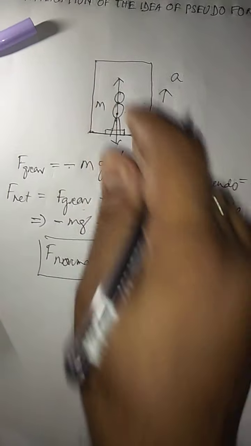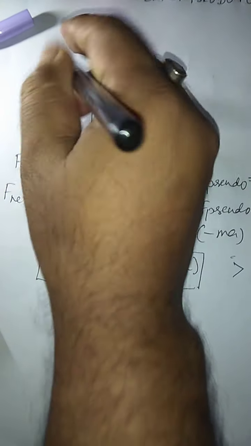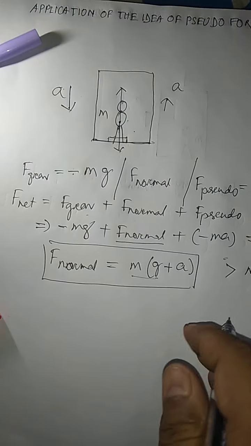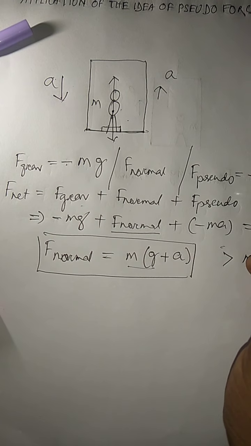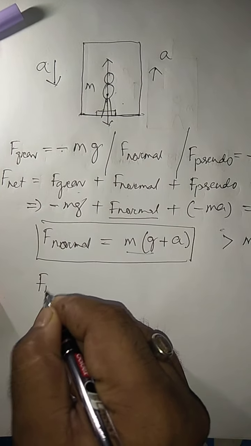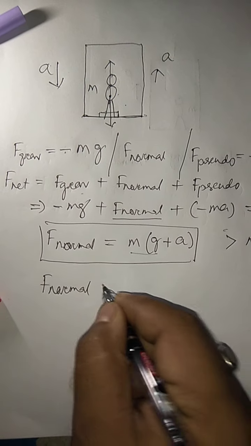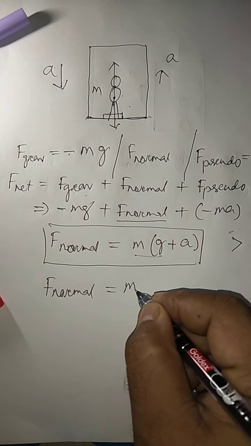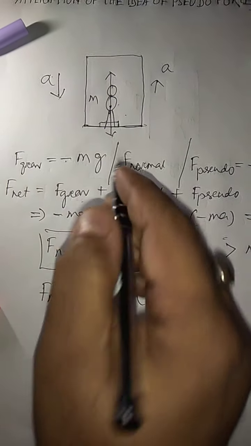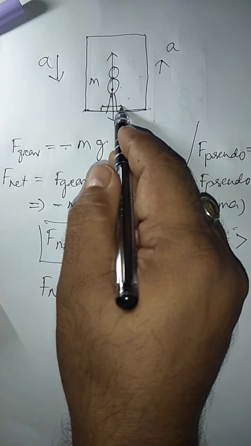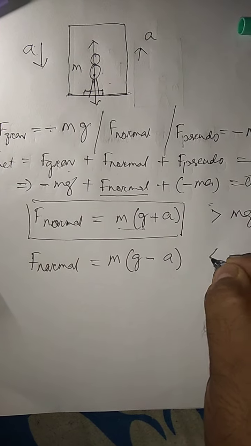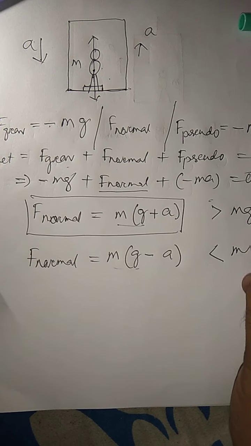and if the elevator has an acceleration of magnitude a directed downward, then the sign of the pseudo force will just change, and finally we'll get the expression as F normal is equal to m times g minus a, and the man will see that his apparent weight is less than his real weight.